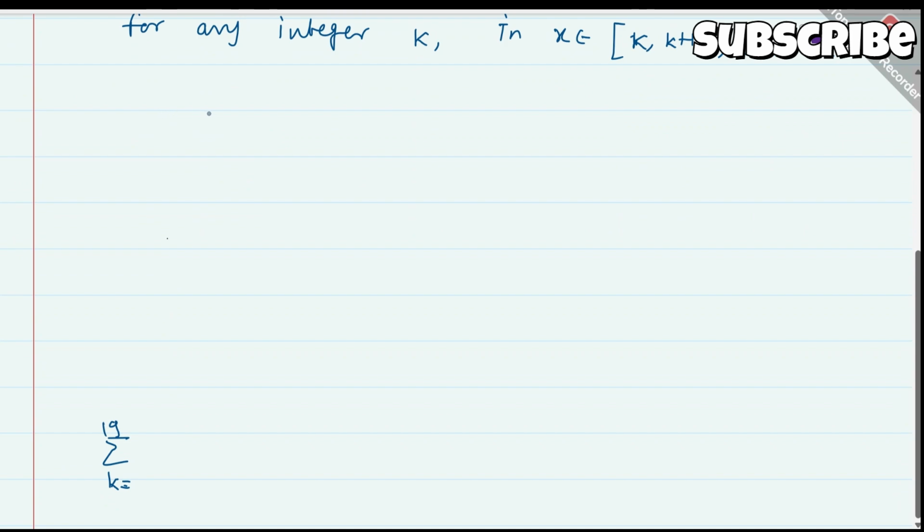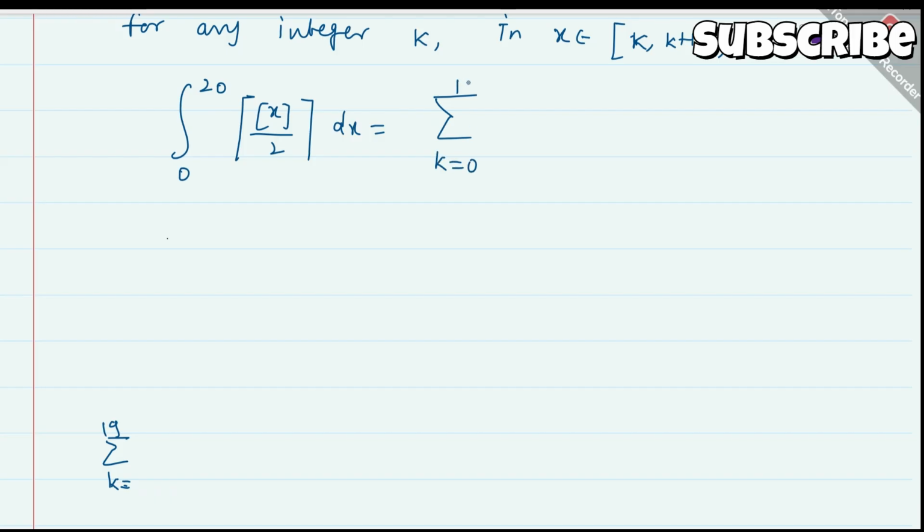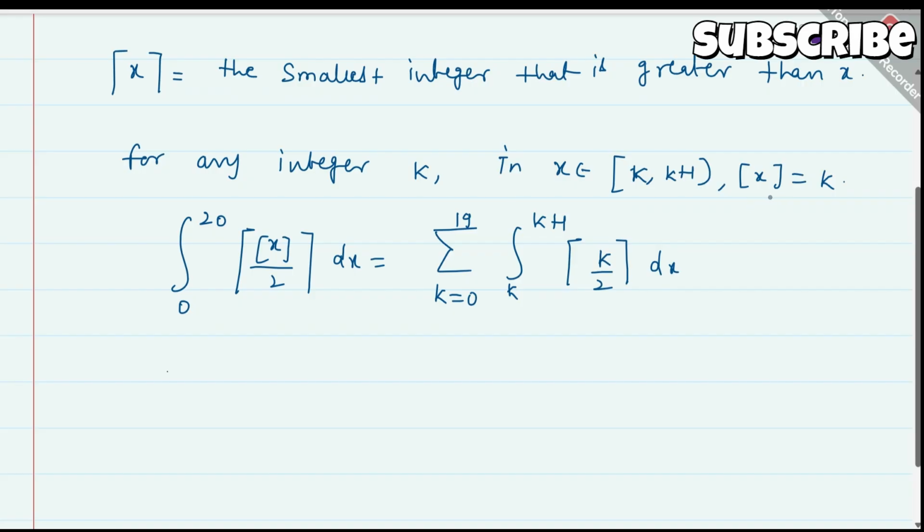The function is constant over each interval of length 1, therefore the integral reduces to this sum. We can write the integral from 0 to 20 as the summation for k equals 0 to 19 of the integral from k to k plus 1 of the least integer function of k over 2, dx, as we have seen that the greatest integer function is equal to k.